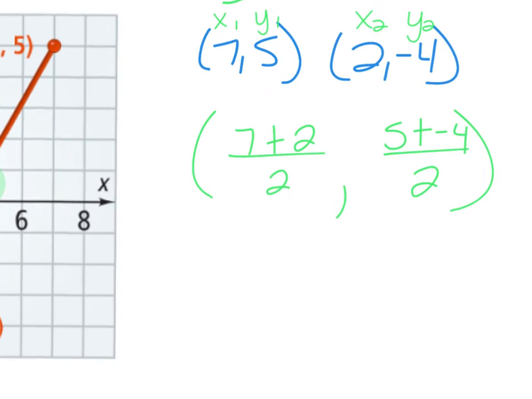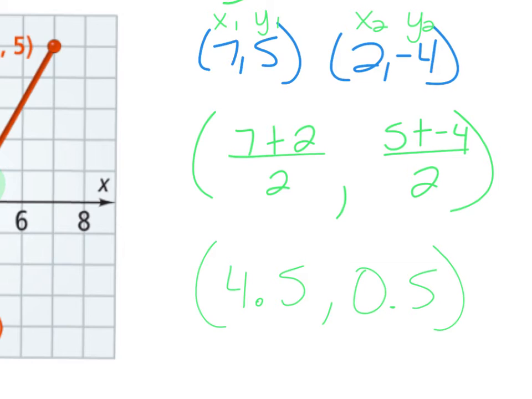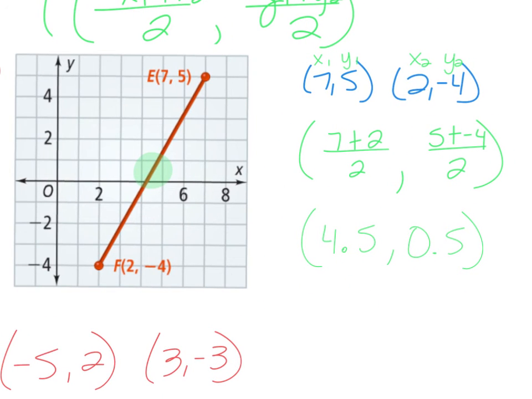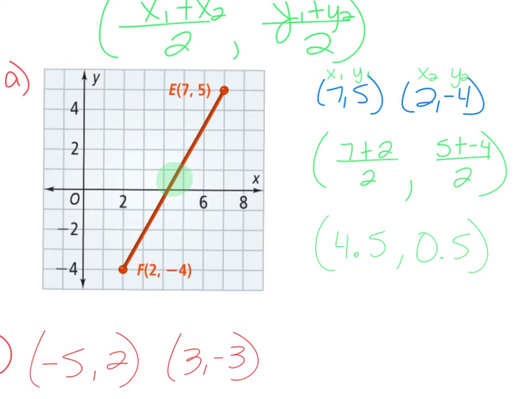You can stick these in a calculator, hitting the fraction button first. 7 plus 2 is 9, divided by 2 is 4.5. The other one, 5 plus -4 is 1, divided by 2, so that's 1/2, which is 0.5.